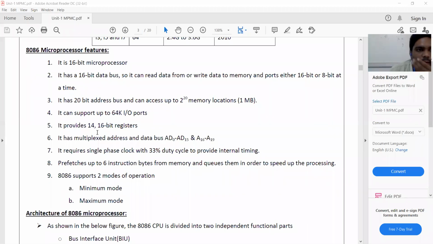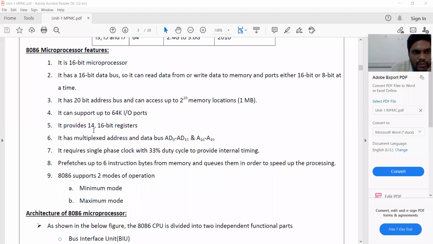Next, it provides 14 16-bit registers. You know what is the function of a register? A register is a device which stores data in the form of binary, zeros and ones.